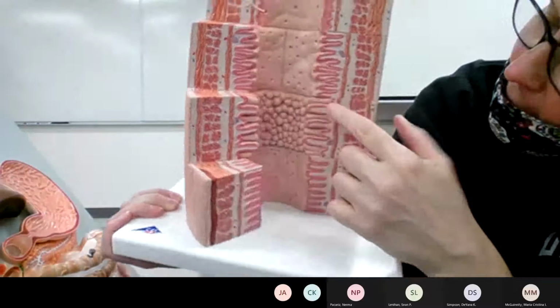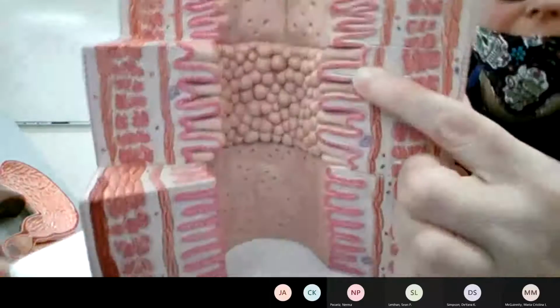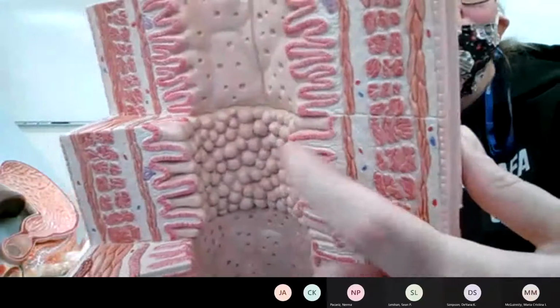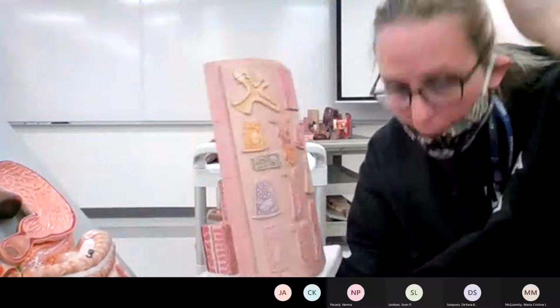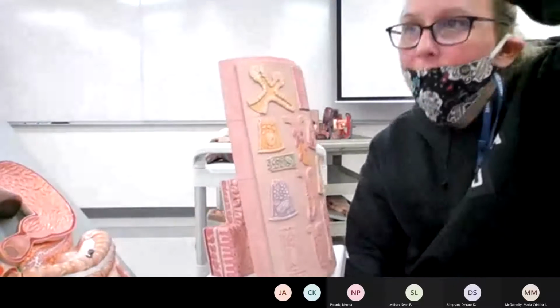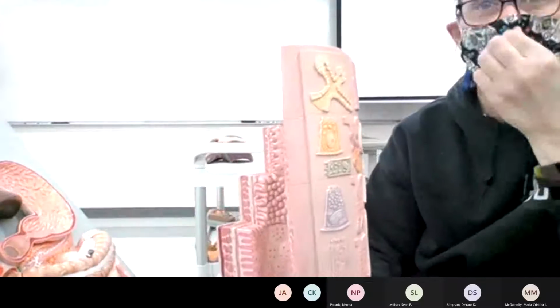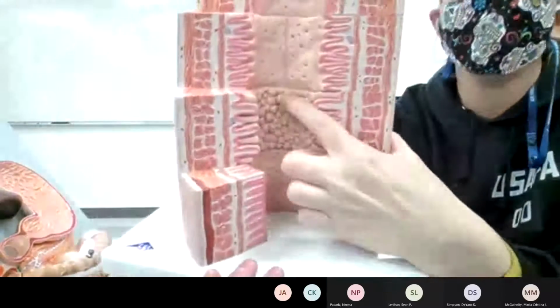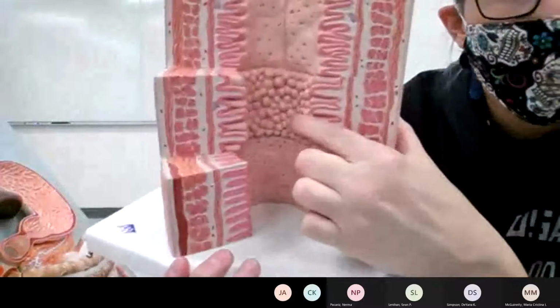And each plica circularis, if you look at this model, is full of simple columnar cells. And then these simple columnar cells, if we were to look at their heads, the exposed part, they are full of microvilli, which is like hair extensions. So they can interact with anything and everything in the lumen of the small intestines.